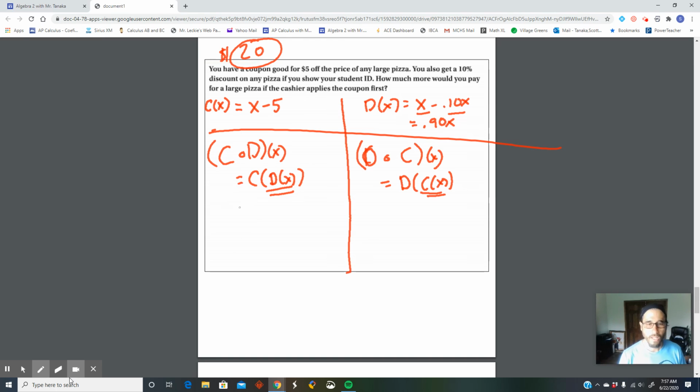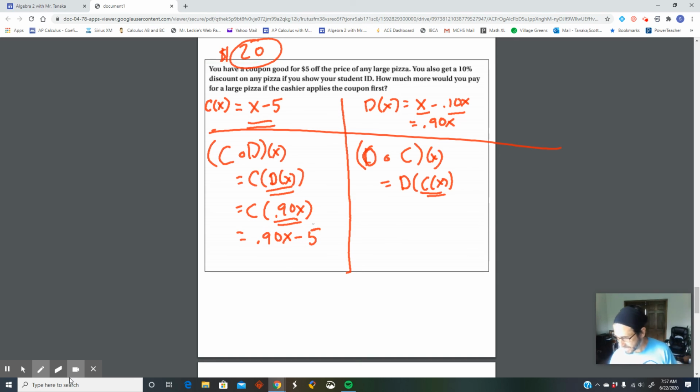All right, so here we go. This is C. What's D of X? D of X was 0.90x, right? And then I'm going to do the coupon, and the coupon's right there. It means you're going to put whatever's in the parentheses in for X. So you're going to take 90% and then subtract 5.